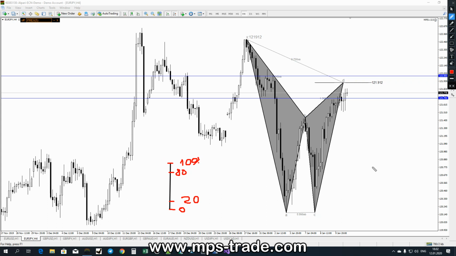This principle is called the stochastic principle. Actually, stochastic is this kind of calculation. What we have in the stochastic indicator is that we calculate the power of a candle close for the previous several candles, for example 14 candles, and then we use some averages to smooth the fluctuations.